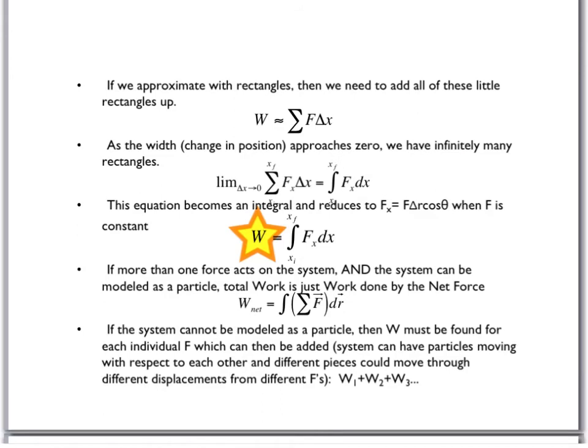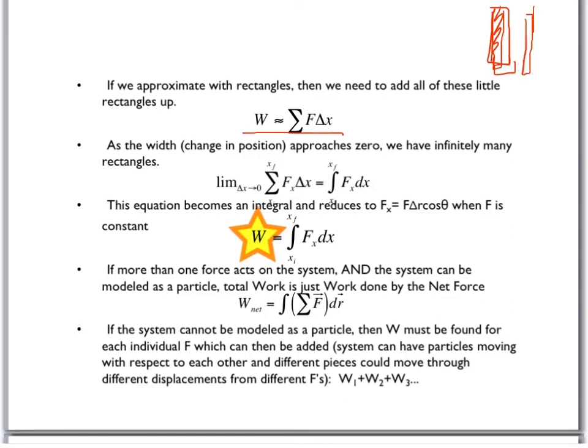Now, as we approximate the amount of work done, we would have to add up all of those little rectangles. So essentially, the work would be about equal to the summation of those F values times the little delta x distances, or those rectangles that we were working with. Now, in reality, this is just an approximation. If you want to get the exact area under that curve, we could take these little delta x's and have them become infinitely small, because as the rectangles get smaller and smaller, your approximation is getting better and better.